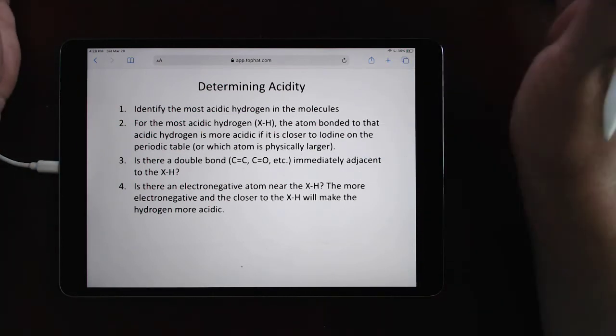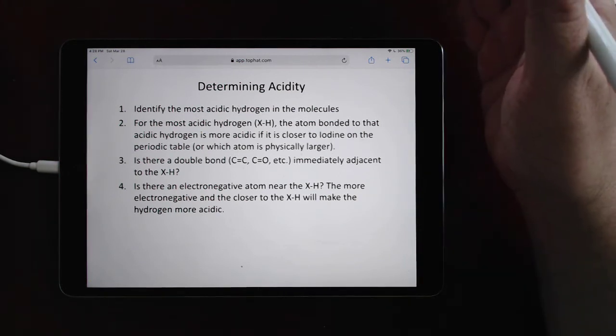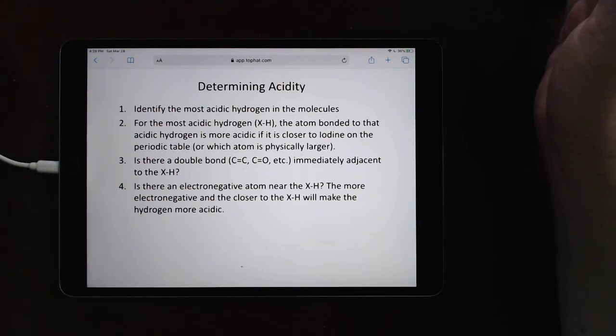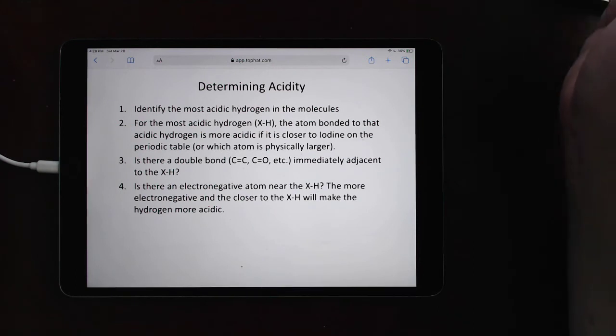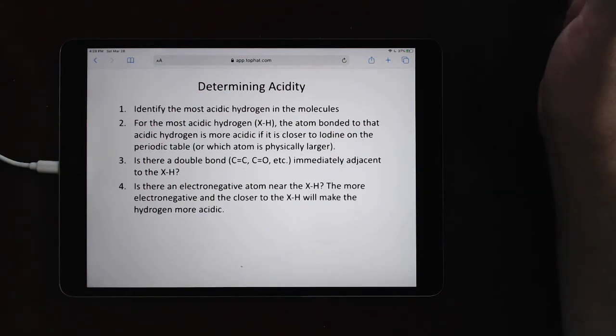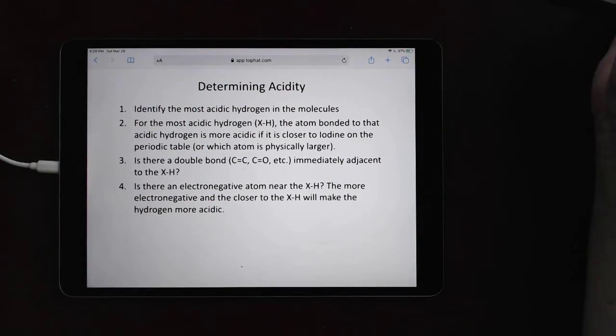If we have a tie, then we go down to the next one. Is there a pi bond immediately adjacent? It doesn't have to be a carbon-oxygen double bond; a carbon-carbon double bond, carbon-oxygen double bond, a sulfur-oxygen double bond, whatever, doesn't matter. If there is a pi bond immediately adjacent to it, that's going to be much more acidic than if there's not.